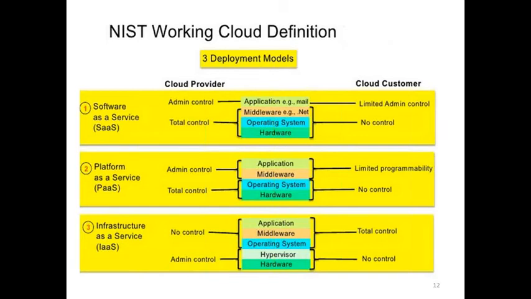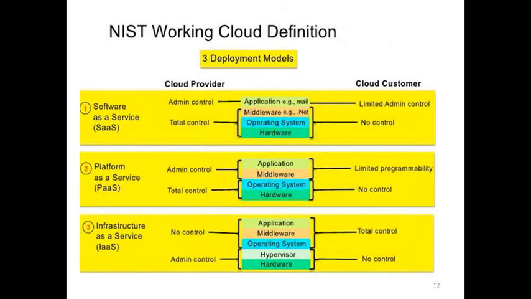When we come to platform as a service, the customer has no control over the hardware or the operating system. He only has limited programmability control over the applications that have been deployed on this hardware and OS. In SaaS, there is almost no control over anything, over the hardware or the operating system or the middleware.